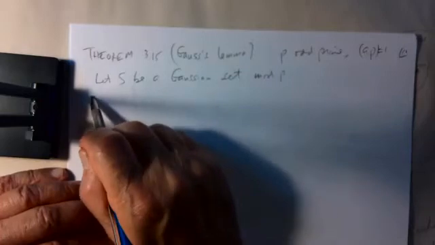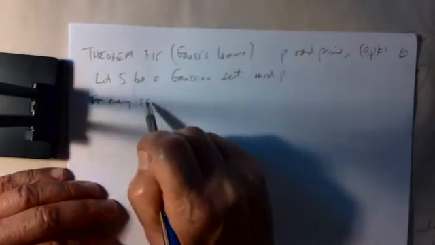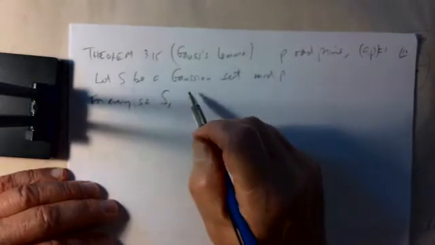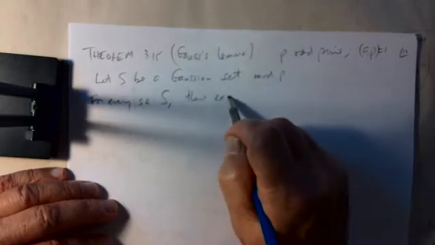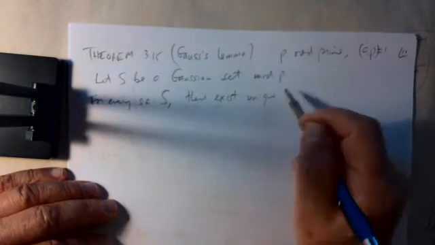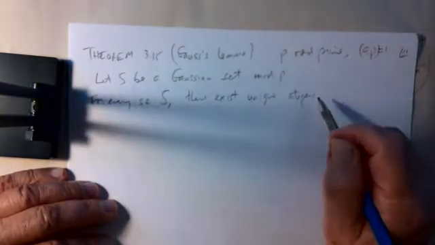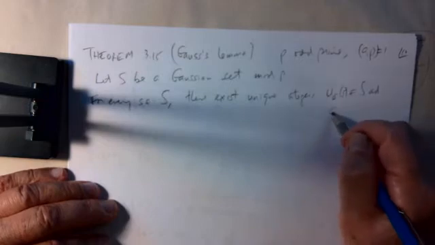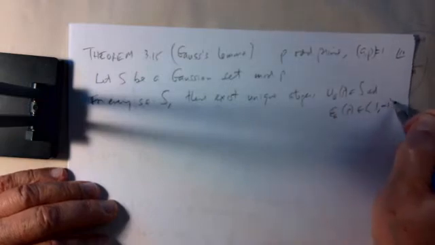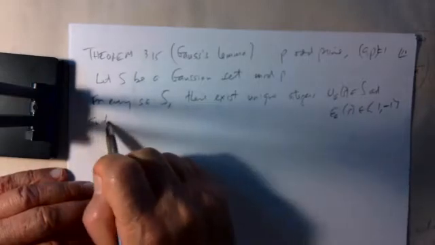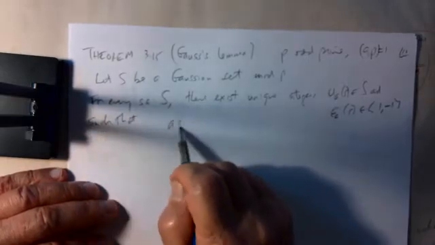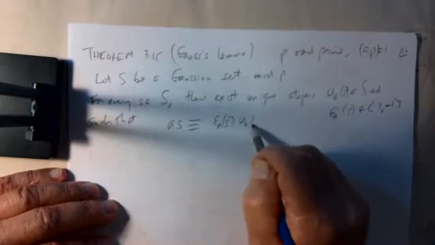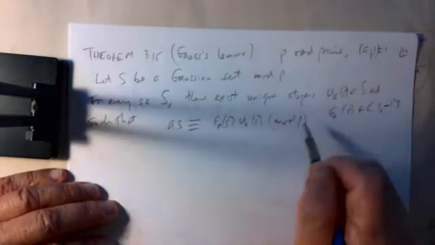So for every element s in S, there exist unique integers u sub a of s in the set S and epsilon sub a of s, which is either +1 or -1, such that as is congruent to epsilon sub a of s times u sub a of s mod p.